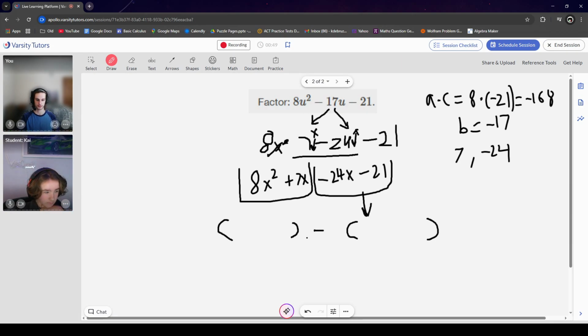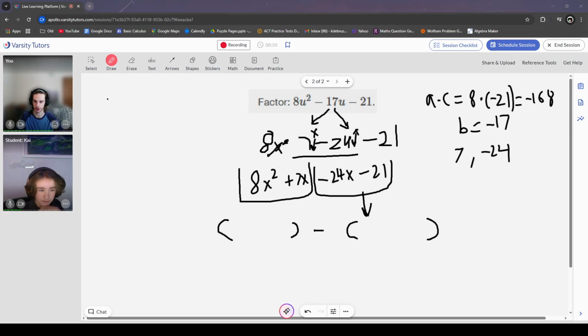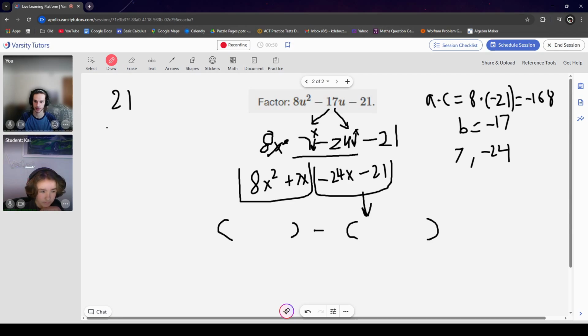So what numbers multiply to 21? Let's start exploring the factor pairs of 21. 7 and 3. Yep. If we write out all the pairs in order, we would have 1 times 21, then 2 times 10 and a half, but they're not whole numbers, so we ignore them.